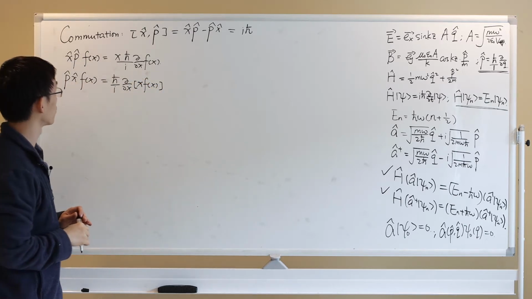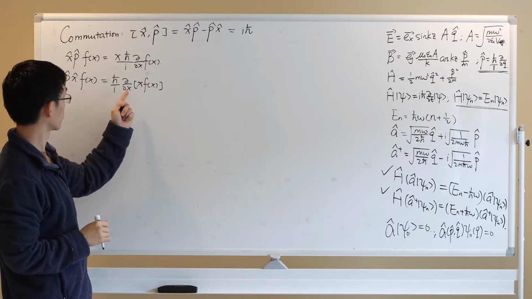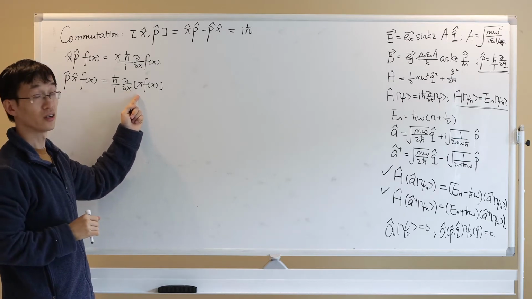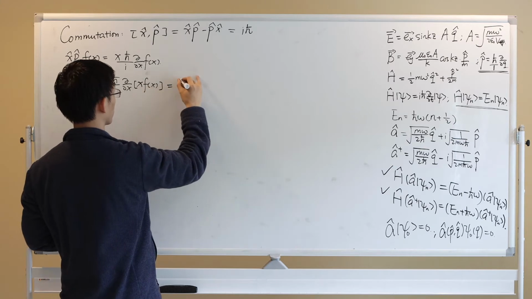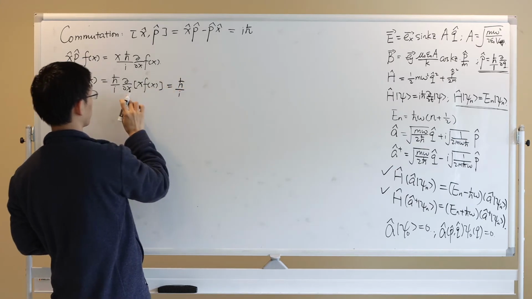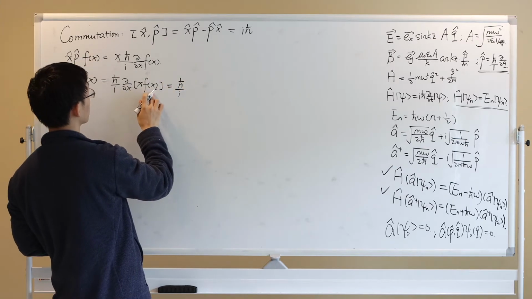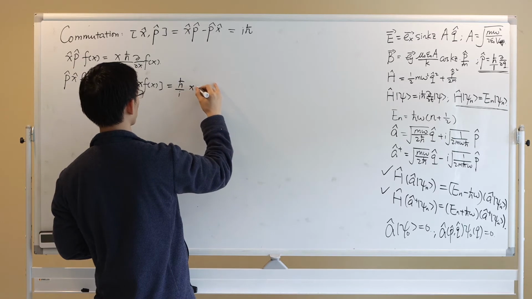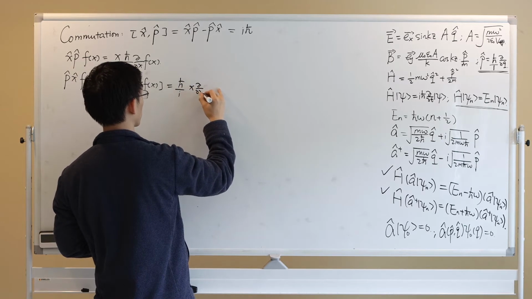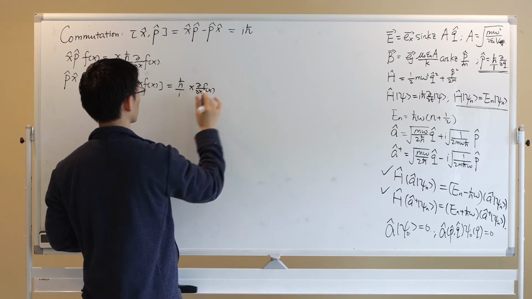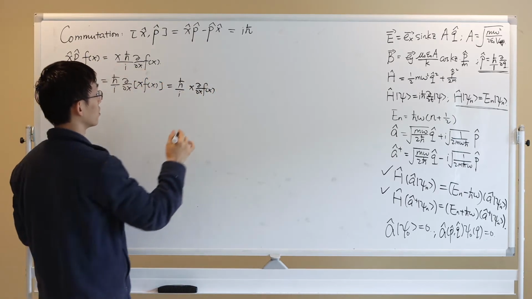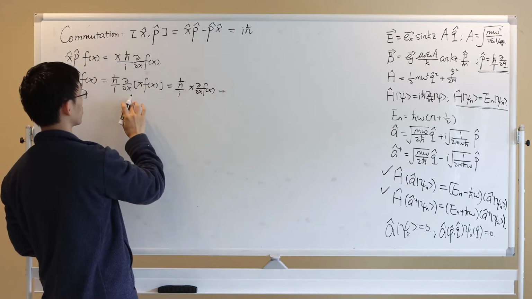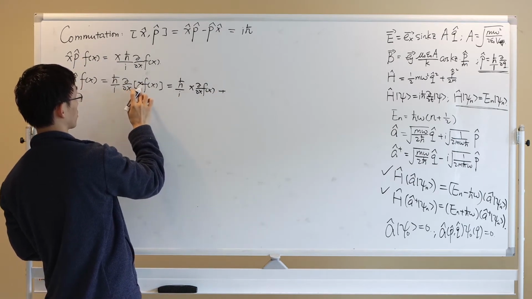Now notice that if you do this differential, there are actually two terms, right? There's a chain rule here. So you have h bar over i. First, you act on f(x), then you have x partial x f(x). This is exactly the same as this term here, but you have one more term, that is this acting on x.